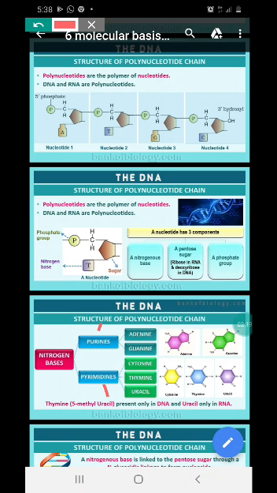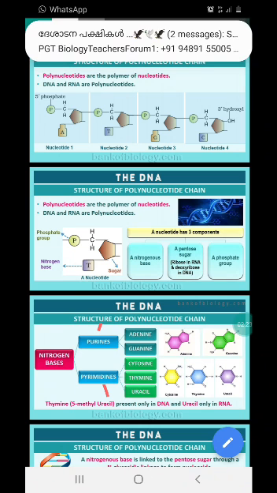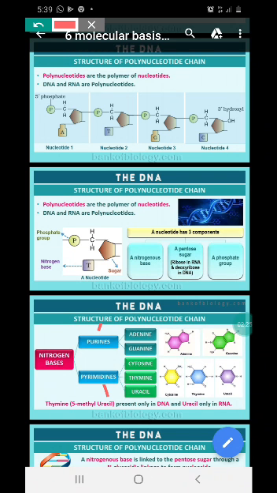There are two examples of purines, which are adenine and guanine. And three examples of pyrimidines, which are cytosine, thymine, and uracil. Clear? So, these are the nitrogenous bases.